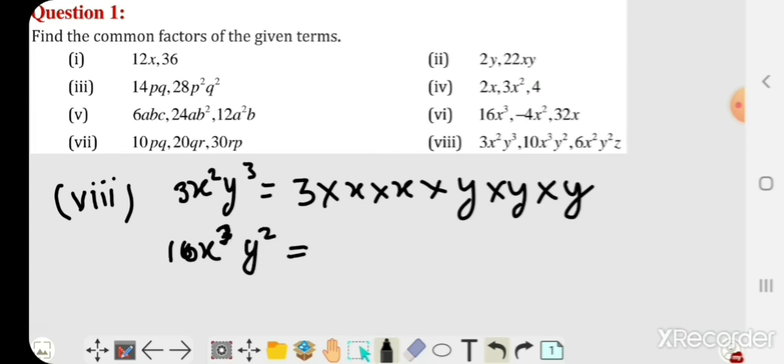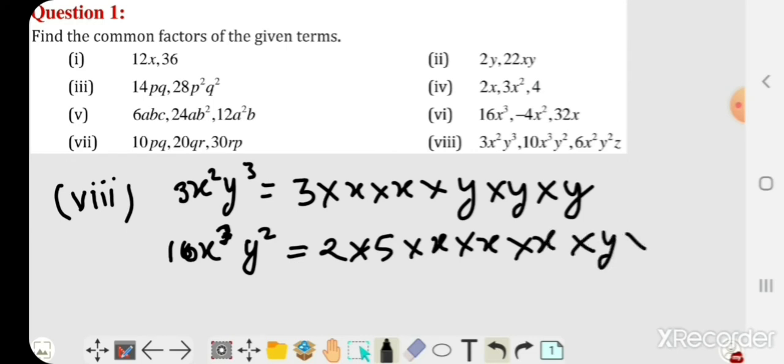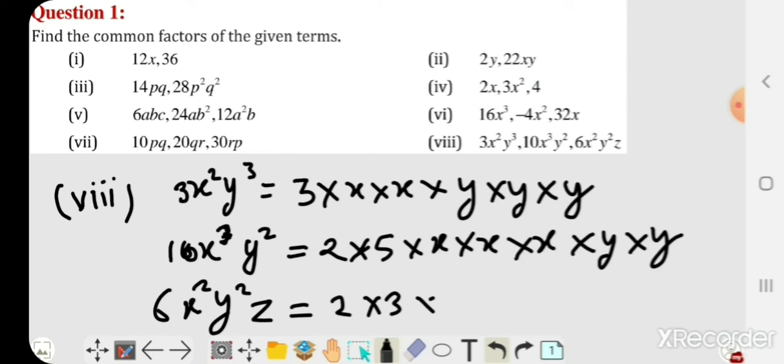The factors of 10 are 2 and 5, so 2 5s are 10 into x into x into x. Then y into y means y square. Then 6x square y square z is equal to 2 3s are 6, x into x, y into y into z. These are the factors.